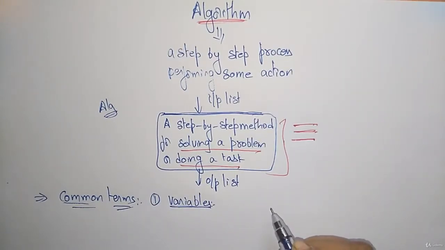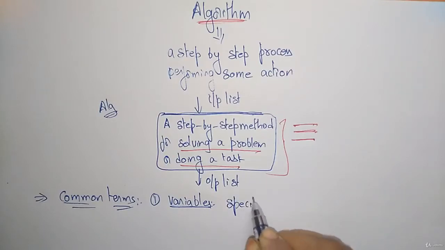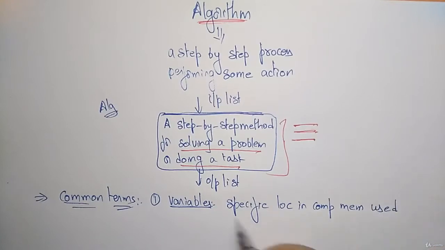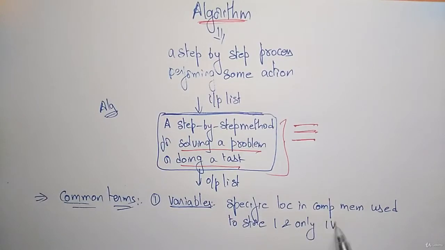So what are variables? A variable refers to a specific location in computer memory used to store one and only one value.